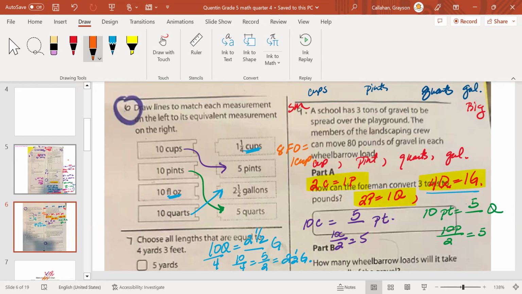So then 10 fluid ounces equals how many cups, right? 8 equals 1. So 10 divided by 8 is 5 over 4, right? If you divide it, isn't it 1 1/4? That's it. Okay. So the things that I highlighted for you, those are the conversions. Okay. All right. Next question.